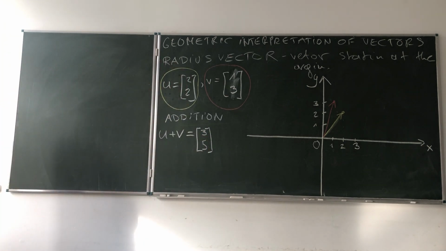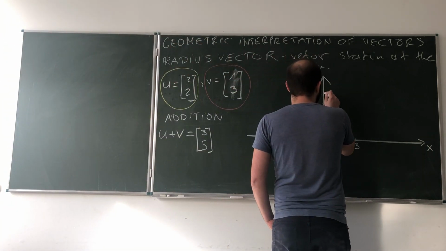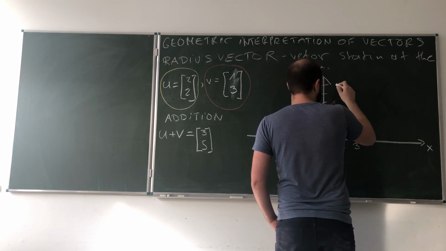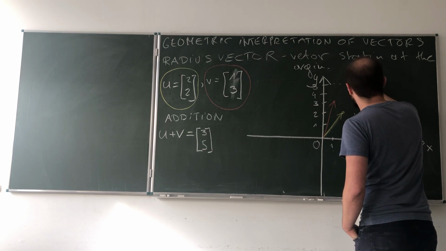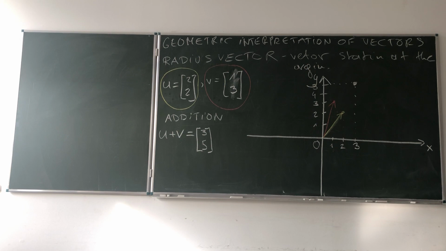Now, how would we see this in coordinate space? Well, because it's really hard to draw, I'm going to start by putting the appropriate point over here. Okay, this is where we need to end up.